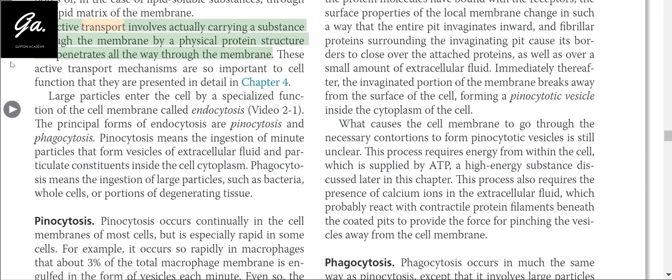Active transport involves actually carrying a substance through the membrane by a physical protein structure that penetrates all the way through the membrane. These active transport mechanisms are so important to cell function that they are presented in detail in Chapter 4. Large particles enter the cell by a specialized function of the cell membrane called endocytosis.